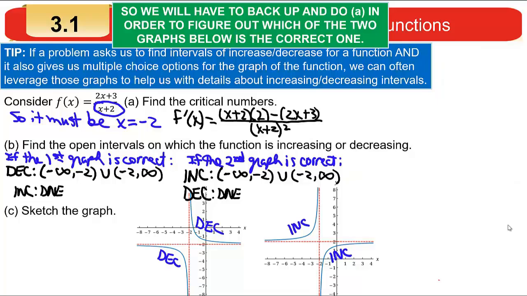I'm not going to make a big deal about that here because we just had a test on that. But if you simplify it, you find that the derivative is 1 over the quantity x plus 2 squared.